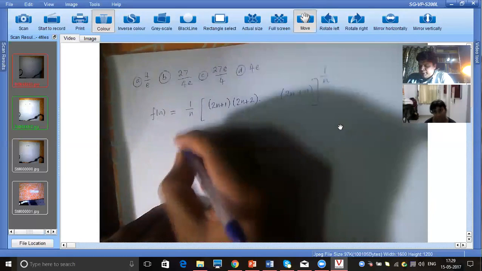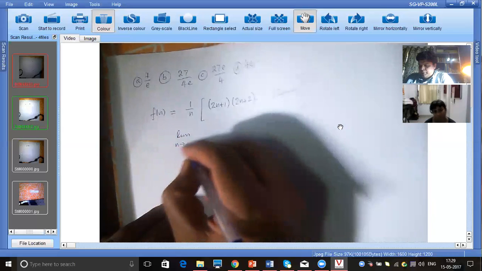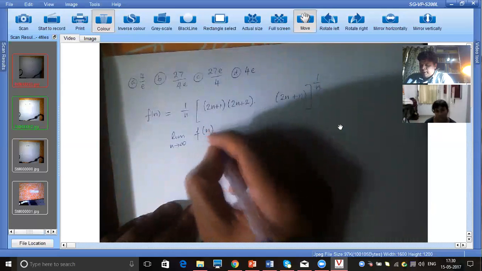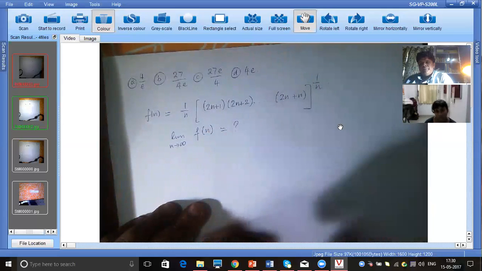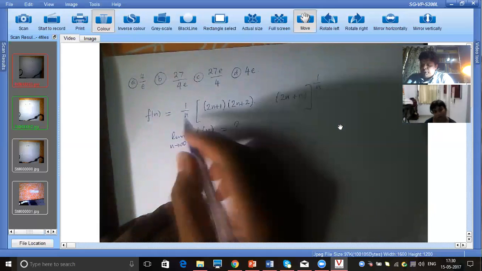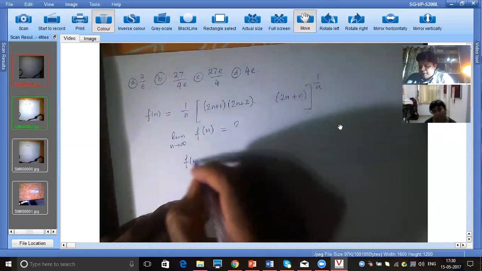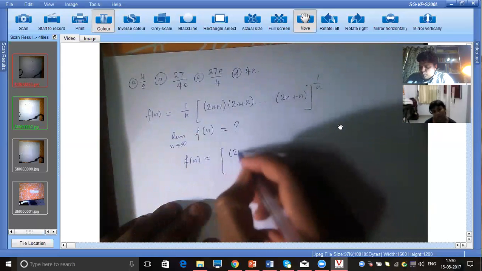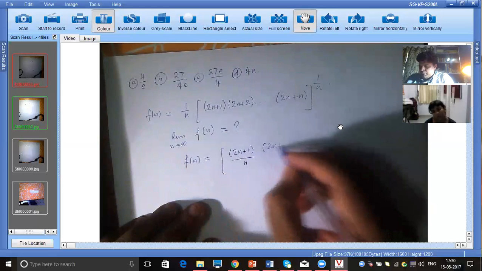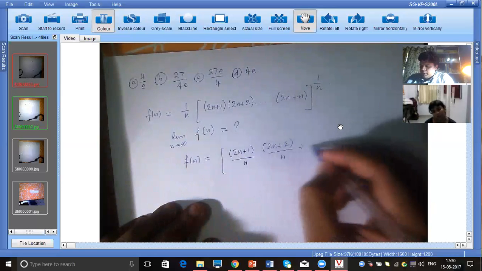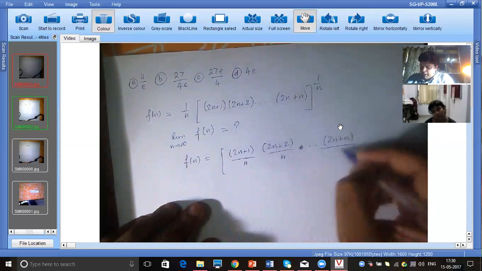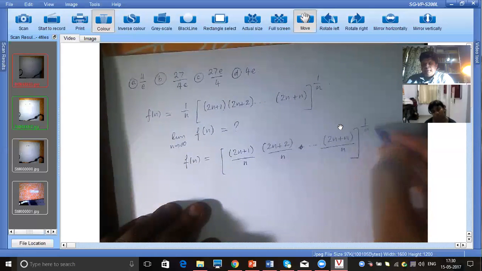And you want the limit as n goes to infinity of f of n. So here is what I'm okay with you taking this in. f of n equals 2n plus 1 by n, 2n plus 2 by n, plus dot dot dot so on, 2n plus n by n, whole to the 1 by n.